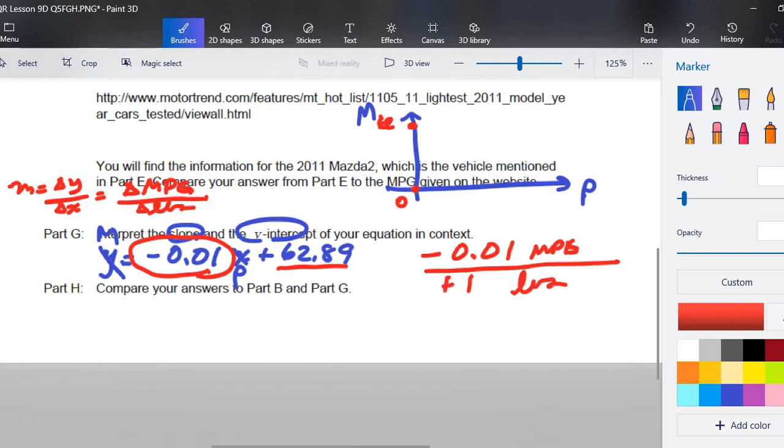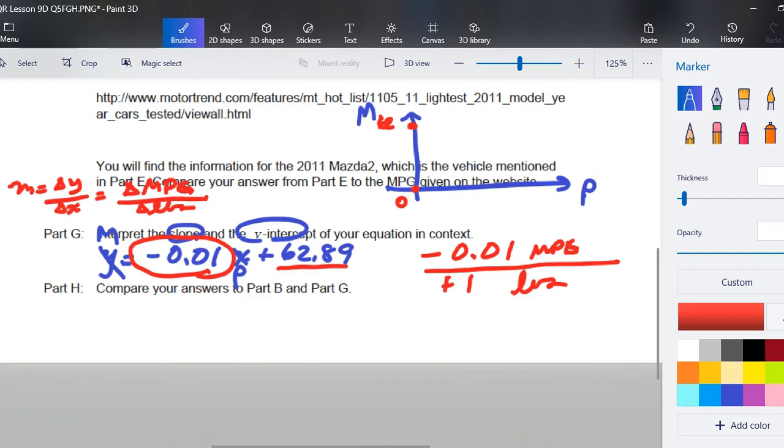And then I really like to pronounce it starting with the denominator, that for every increase, in other words, for every pound we go up, we go down 1/100th in our miles per gallon. Or you could say we're going to go down 0.01 miles per gallon for every increase of 1 pound.